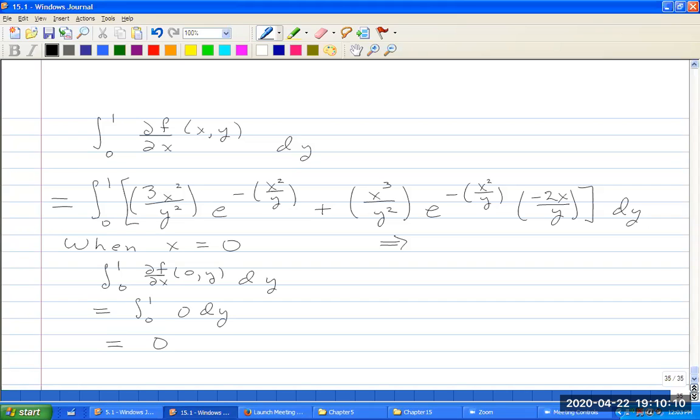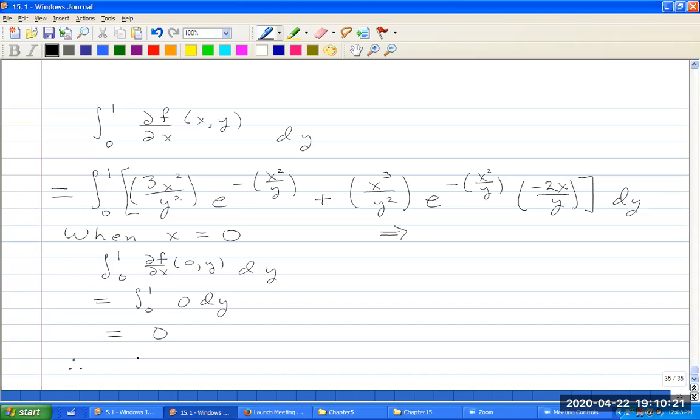So therefore, the derivative of the integral from 0 to 1 of f of x, y dy, evaluated at x equals 0, is not the same as the integral from 0 to 1 of the partial of f with respect to x at 0, y dy.